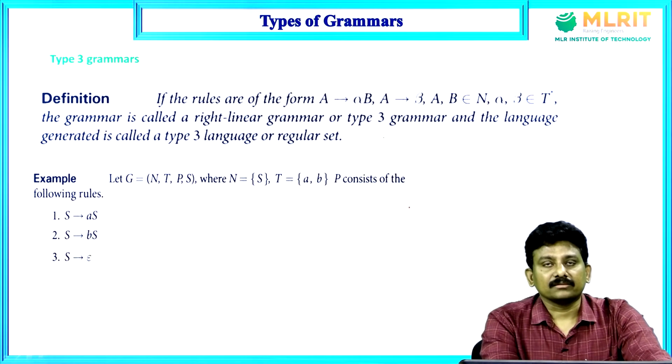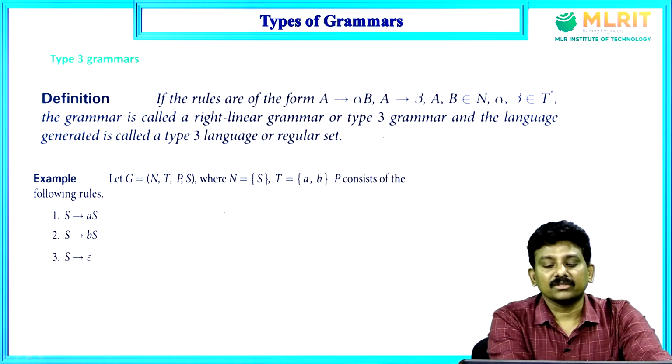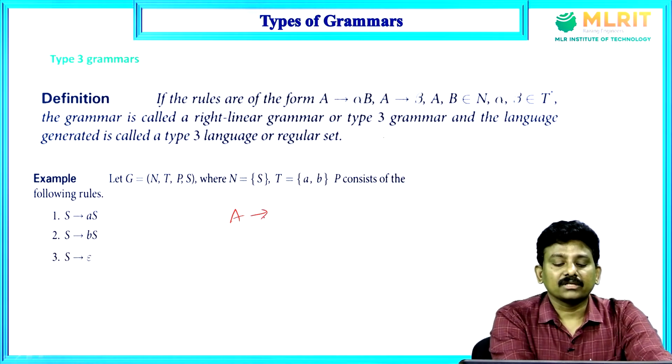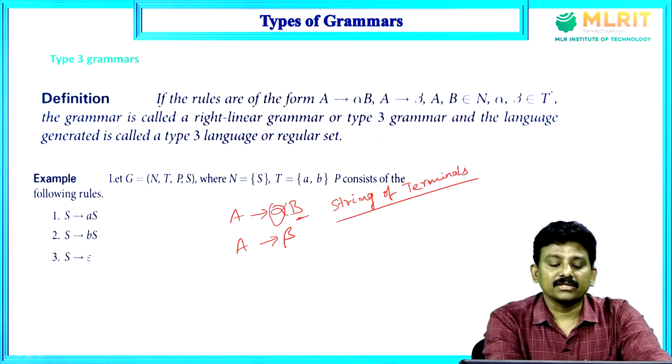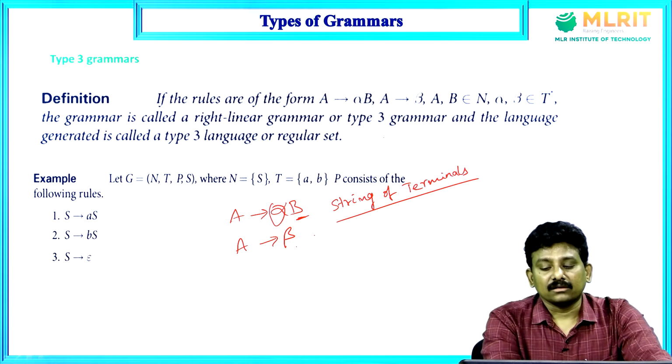Type 3 grammars are regular grammars. The rules will be in the form A derives alpha B or A derives beta. B is a single non-terminal. Alpha is a string of terminals. Beta is a string of terminals, and epsilon may be present.